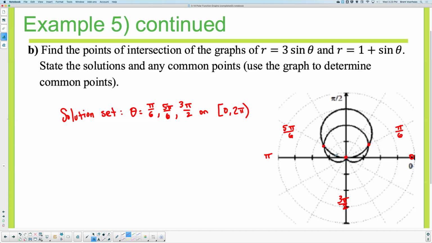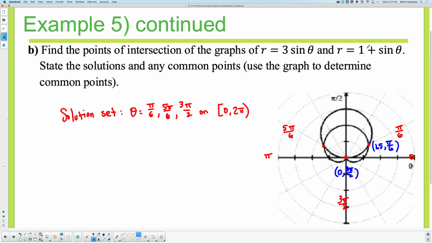And the values there, it looks like this point here has an R value of 0. This has an R value of maybe 1.5. Let's see here. If at pi over 6, I'm doing my hand trick here, sine would be 1/2. That would be 1.5. This would be 1.5, comma, pi over 6.